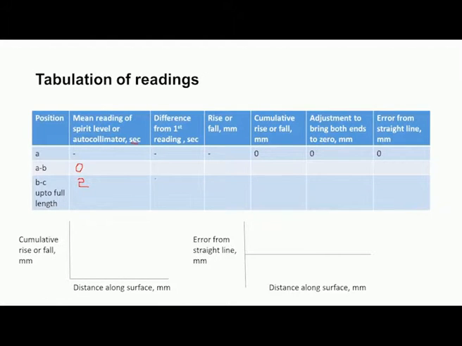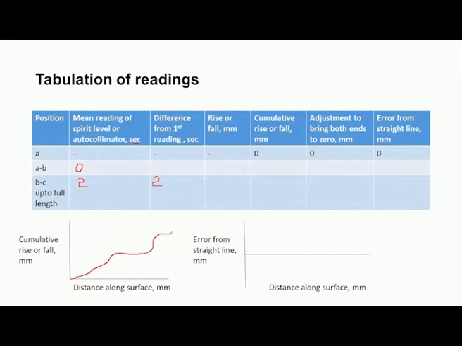Like this we should mark, and then we should find whether there is a rise or fall, and then we add these values to get the cumulative rise or fall in terms of mm, and then the adjustment to bring both ends to 0. It is like this: distance along the surface in terms of mm and cumulative rise or fall.